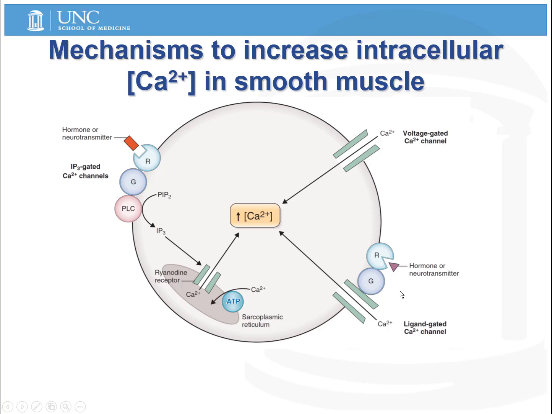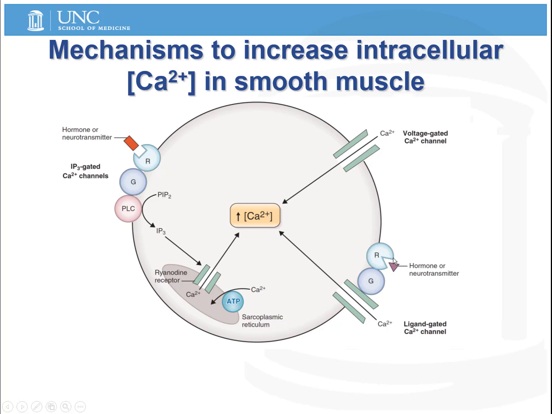There are also ligand-gated calcium channels on smooth muscle cells, and these aren't regulated by changes in membrane potential, but instead they're regulated by various hormones and neurotransmitters that bind to their specific receptors, which are coupled by a GTP binding protein to these calcium channels.